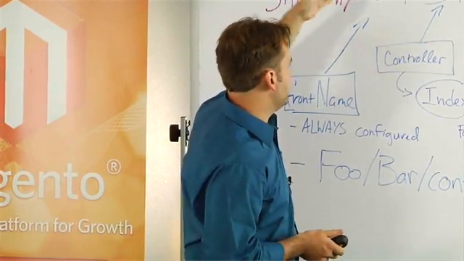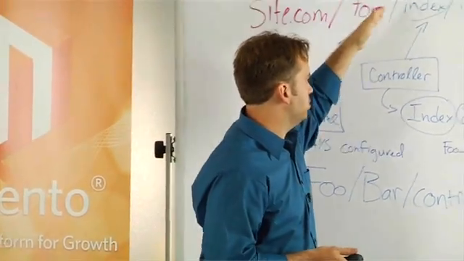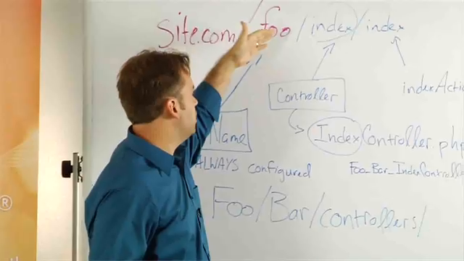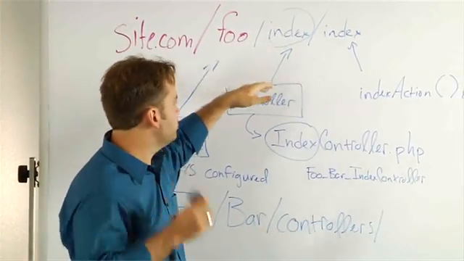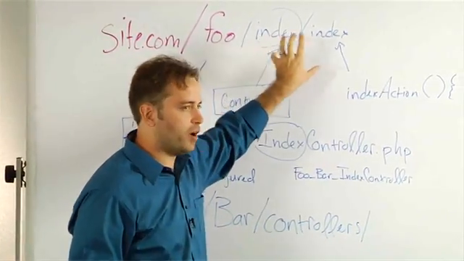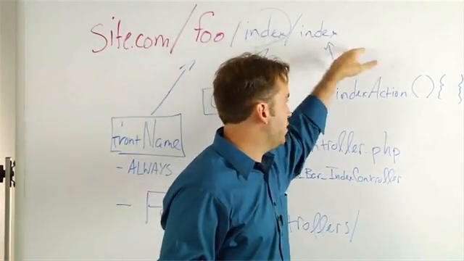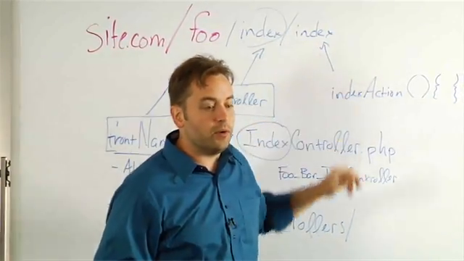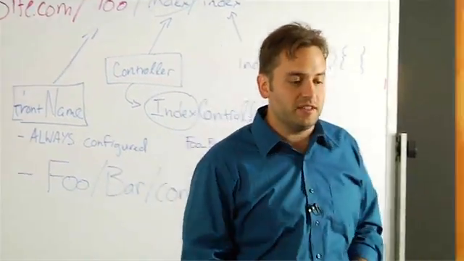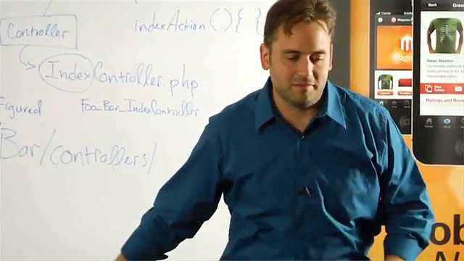Again, you would read it as front name, module, and configuration to controller file, and then eventually this piece here will be the action. It makes a lot more sense once we start working with it, I think.